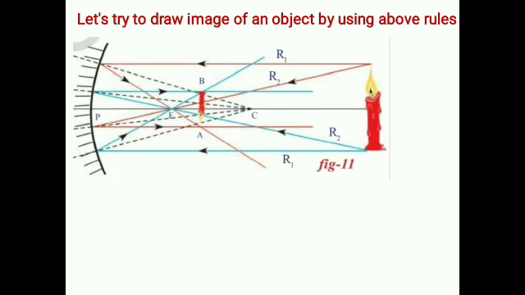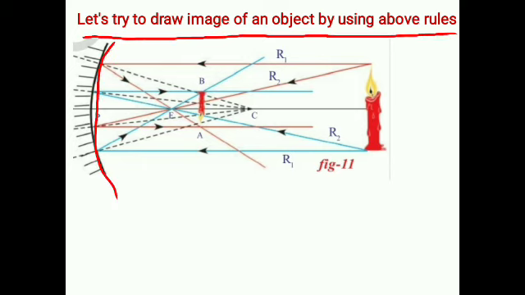Let us try to draw the image of an object by using the above rules. This is concave mirror. This is candle, and R1, R2 are the rays coming from the tip of the flame of the candle. R1 is the ray which is parallel.